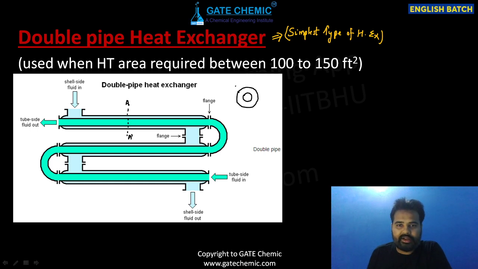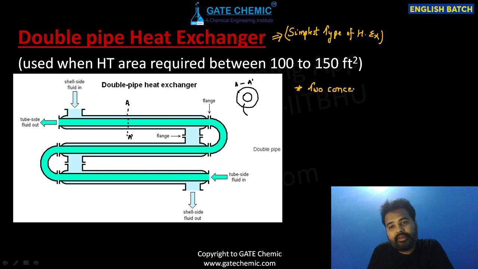Now you are using two pipes, but one thing must be ensured, that the center of both pipes is the same. That's why I am saying we are using two concentric pipes.